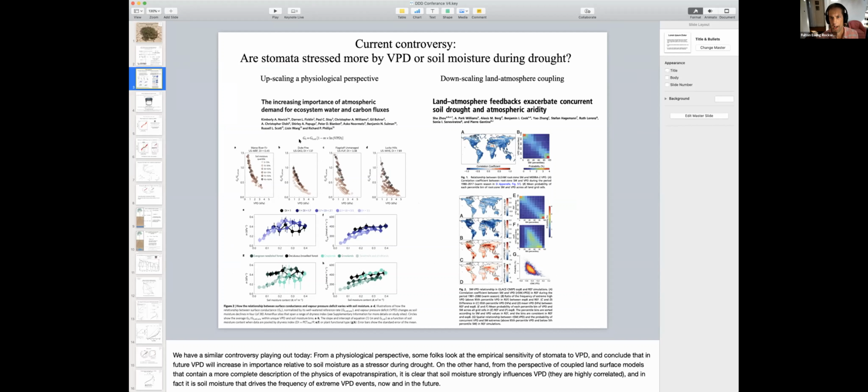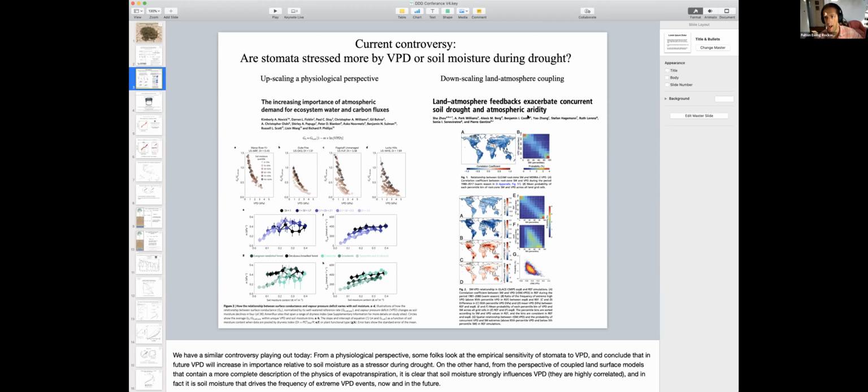So they take a physiological perspective of the effect of VPD on stomata. They look at some sites to develop this relationship. They look at the reference levels to stomatal conductance as a function of soil moisture. So they're painting this physiological picture. And the conclusion they come to is that VPD is more important than soil moisture.